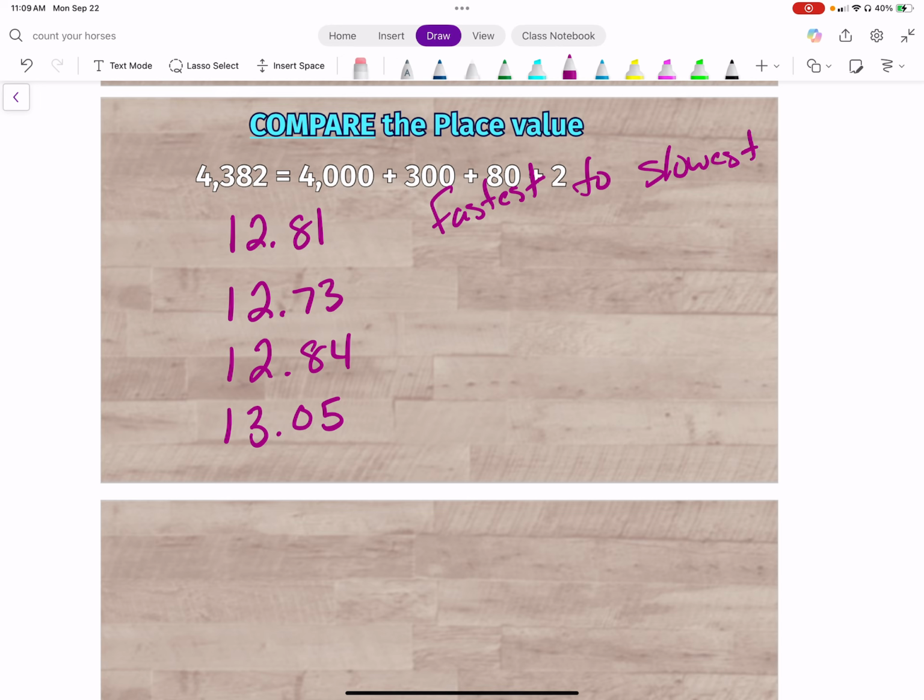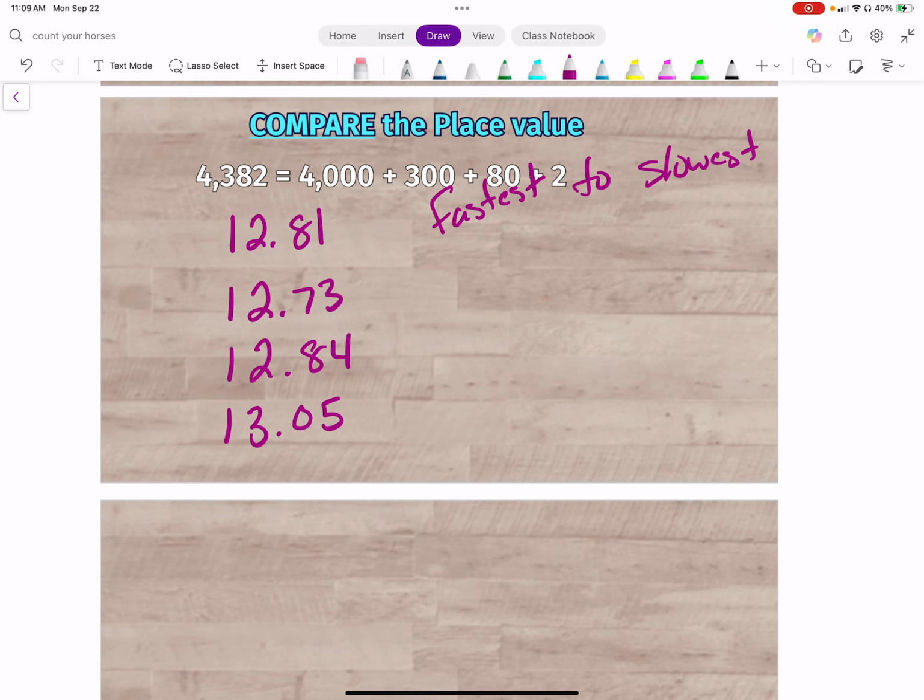Now ask yourself, normally we think, the higher the number, the better it is. Like in money, for example, I would rather have the larger number, right? Because that's going to tell me the greatest amount. But when we're working fastest to slowest, if you're running a race and I'm riding a horse and he can get around the barrels in 12 seconds, and then you're riding a horse that gets around the barrels in 11 seconds, which horse do you want to be on?